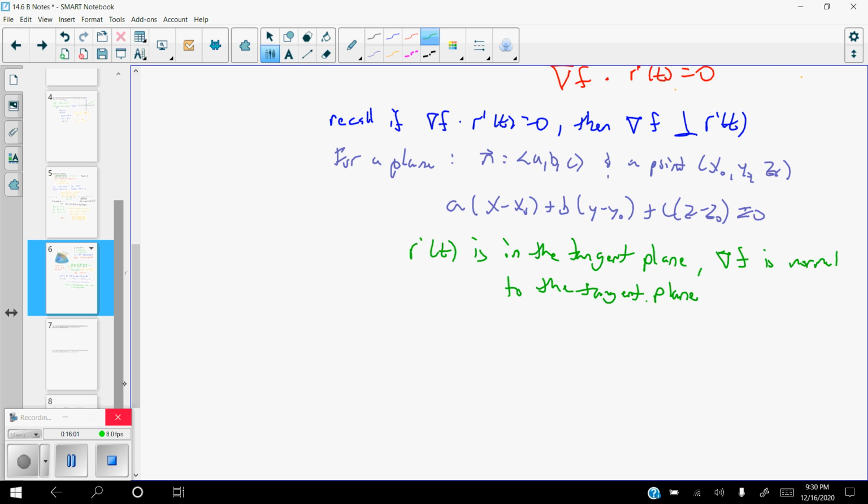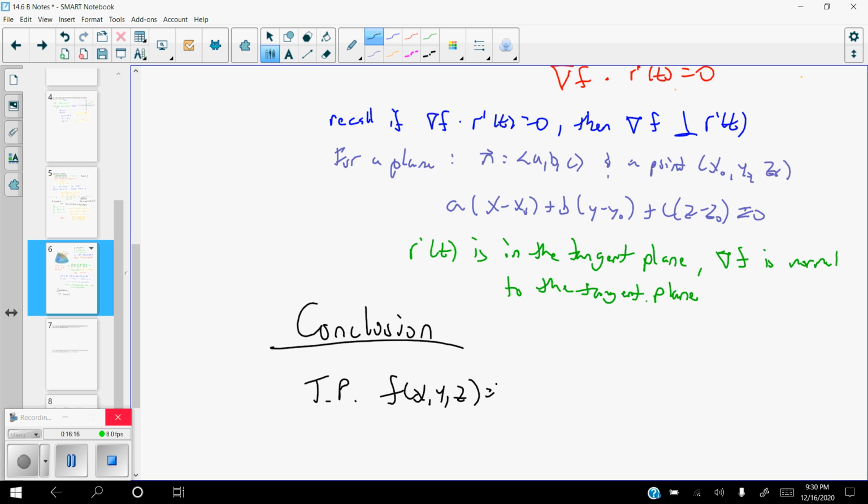So the conclusion to all of that stuff is that the tangent plane to the equation f of x, y, z equals k is the gradient dotted with the difference between x and x naught, y and y naught, and z and z naught, equals 0.